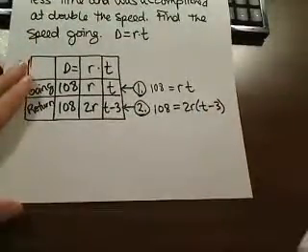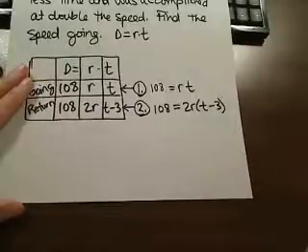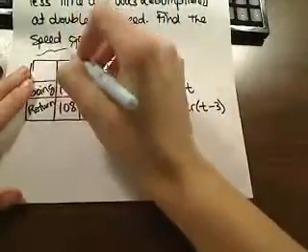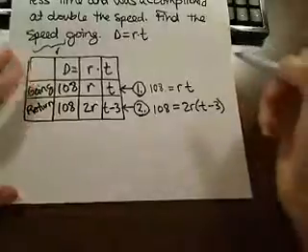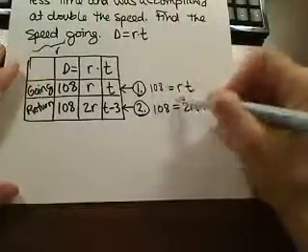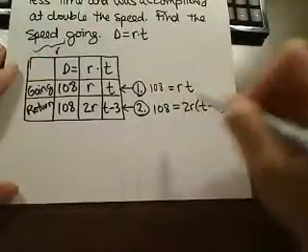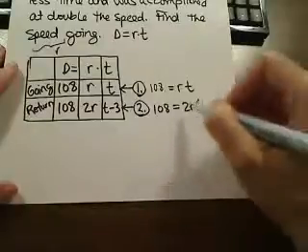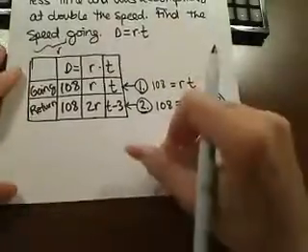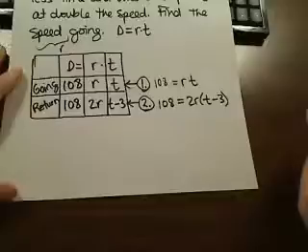Okay. So now we have a system that we can solve, and since we're trying to find the speed, ultimately, speed is r, I'm going to solve for t first so that I can plug that into my second equation, basically do a substitution there.